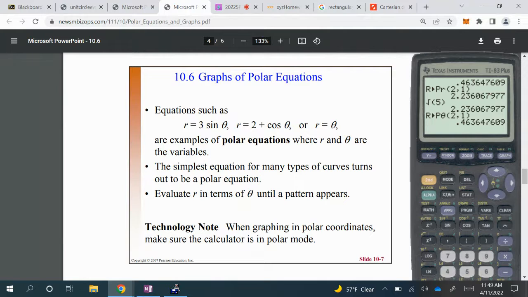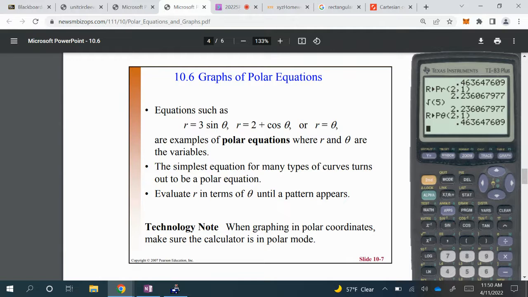A polar equation is usually solved for r. The first example is r is equal to 3 times the sine of theta. That's a polar equation, solved for r. Notice that there is no x and y; we only have r and sine. Here we have the second example: r is equal to 2 plus cosine of theta. Notice here again, our equation is solved for r, and we have a cosine.